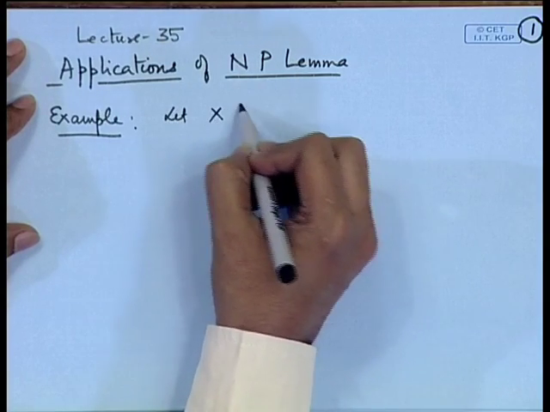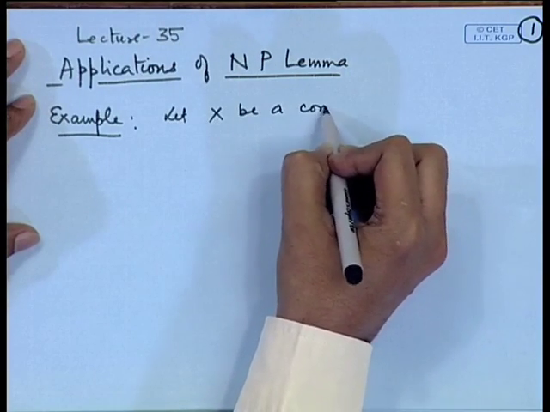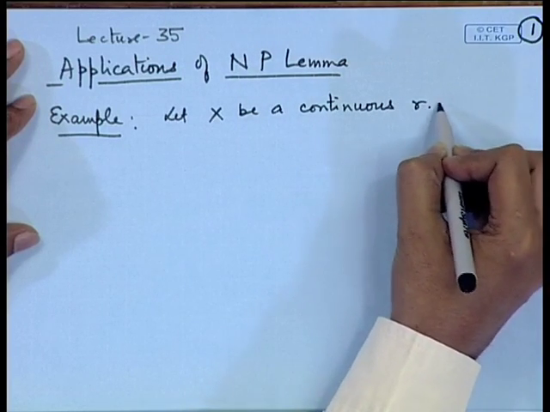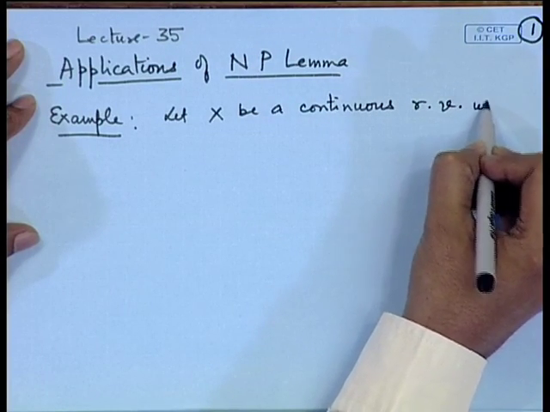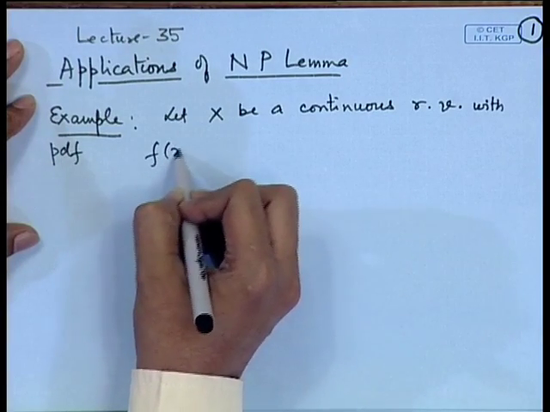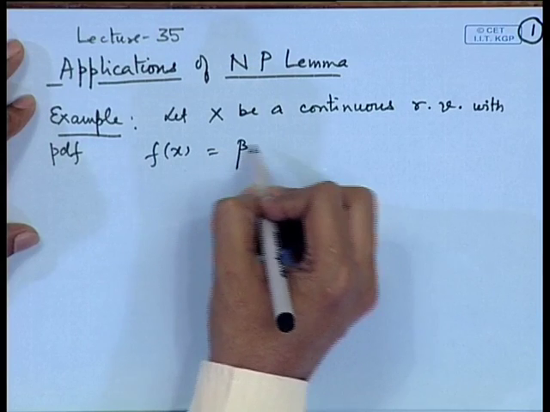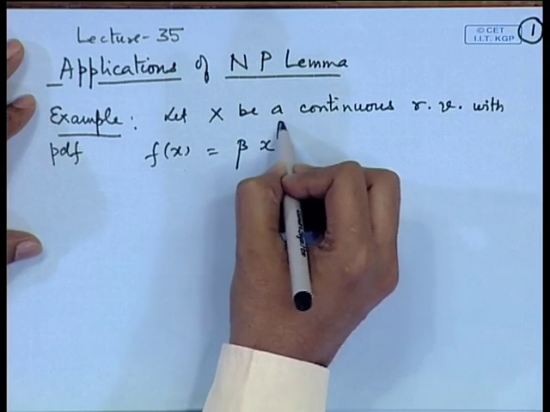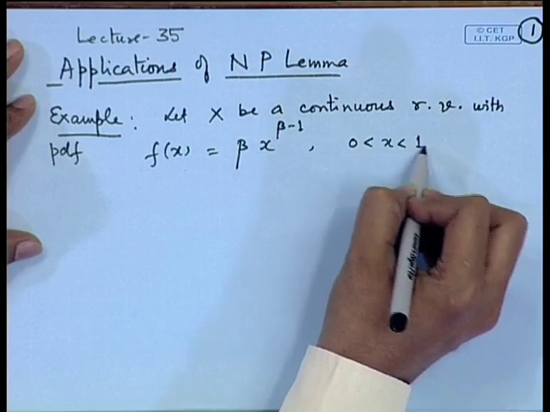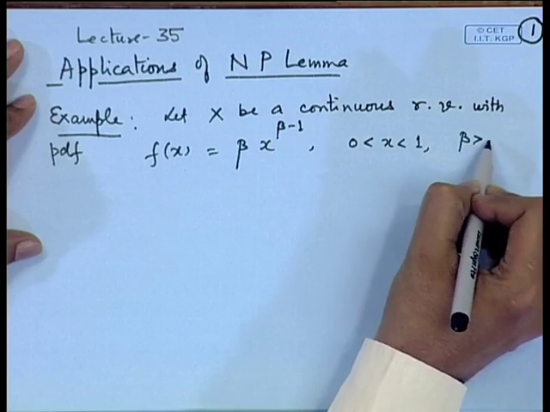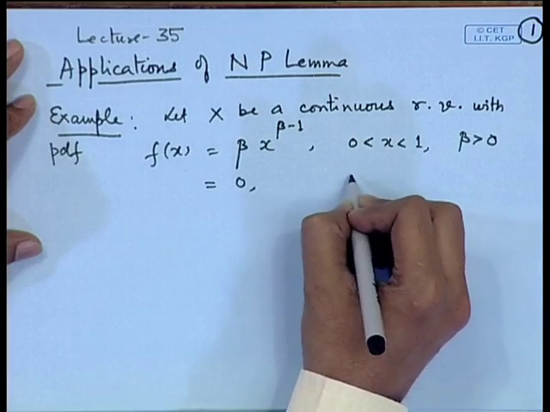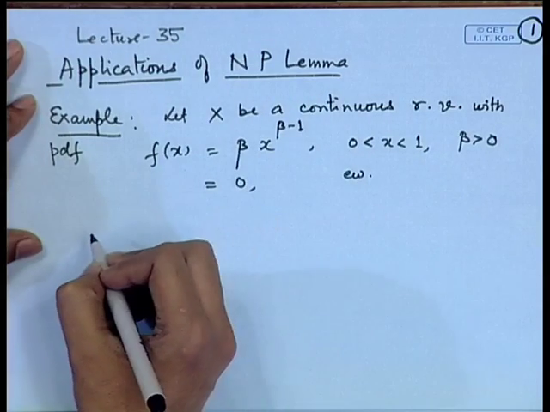Let X be a continuous random variable with probability density function given by f(x) = beta x to the power beta minus 1 for 0 < x < 1, where beta is a positive parameter, and the density is 0 elsewhere.